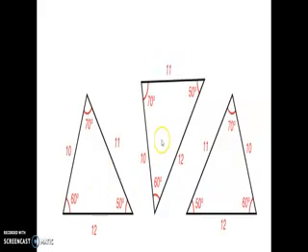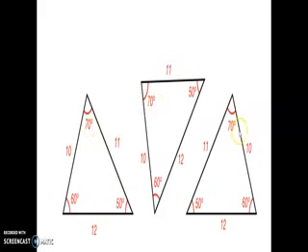Here, these are three triangles. These three triangles are congruent triangles, and you have to identify the corresponding angles here. Here this angle 70 degrees, and here this 70 degrees.